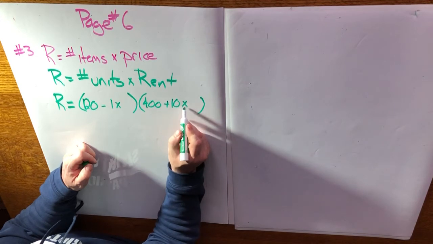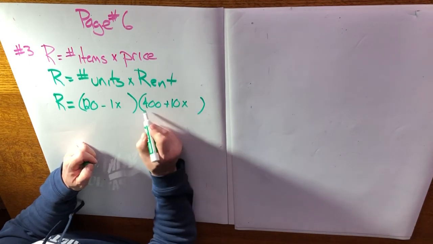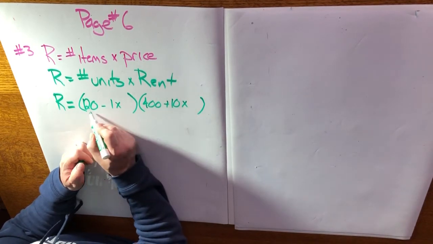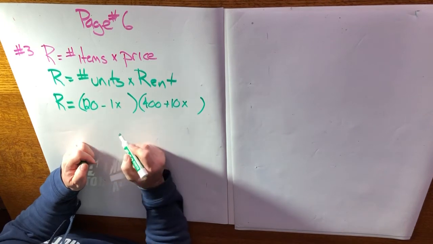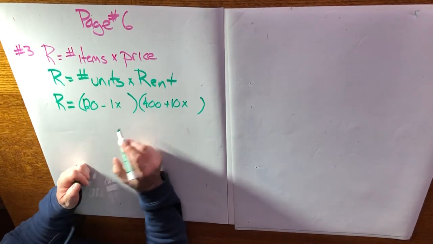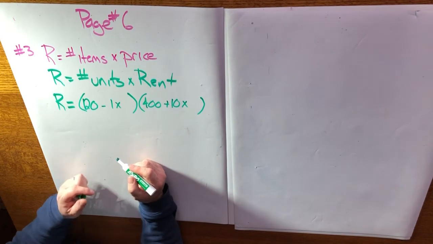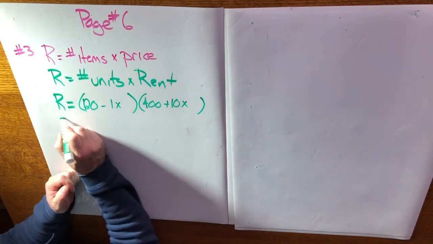So if X is 3, that means you'd be increasing the rent by 10 times 3, making it 430, and you would lose 3 tenants, and you'd be down to 117 units rented.